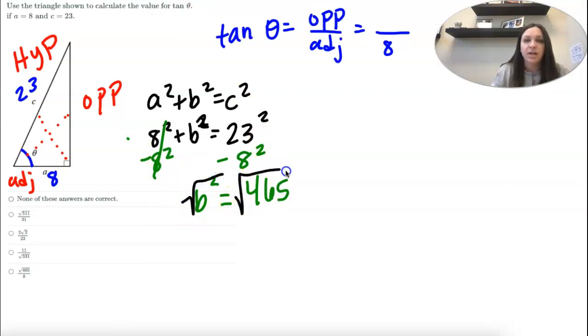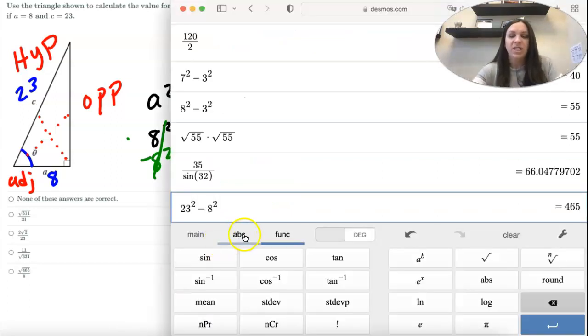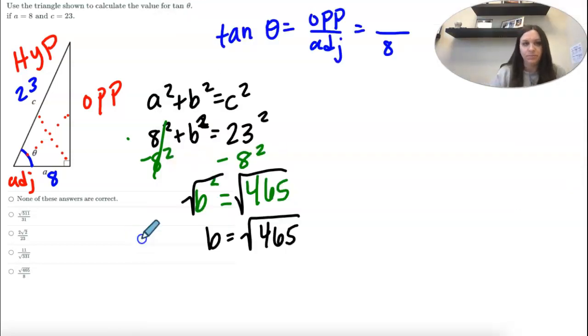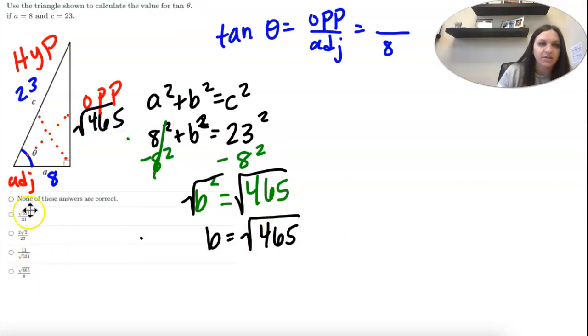Square root both sides. So b is the square root of 465, which I think is a decimal. Yeah. I actually see our answer here too. So 465. I'm gonna see if we can reduce that though. Well, actually no. I'm just gonna stop because there's our answer.